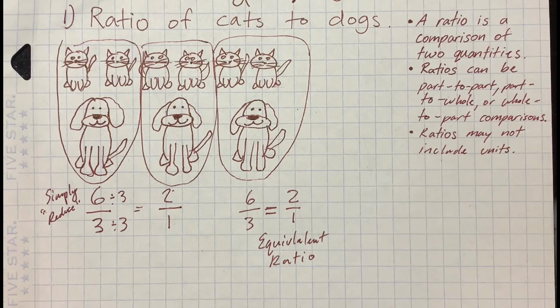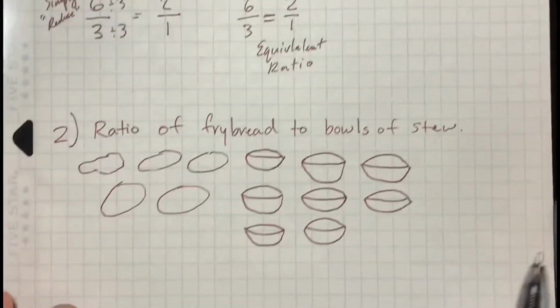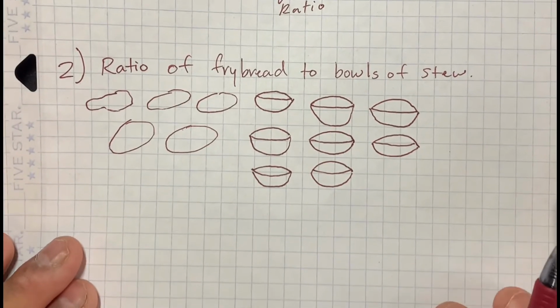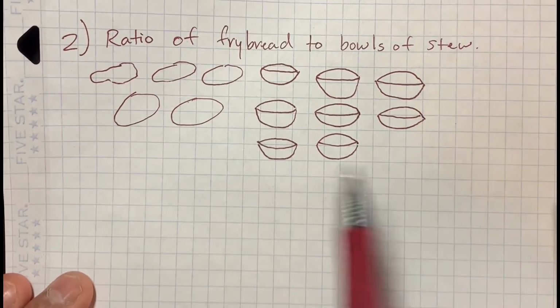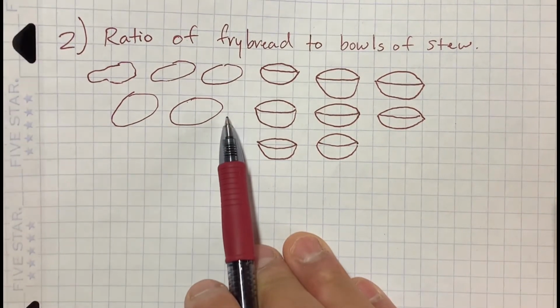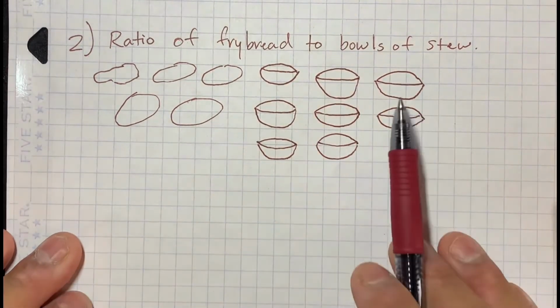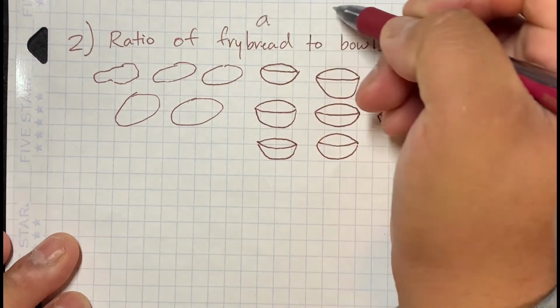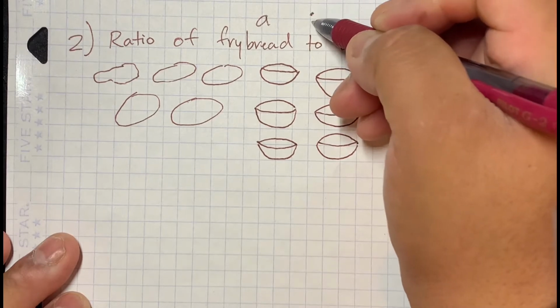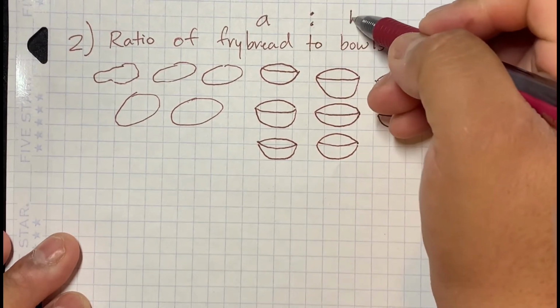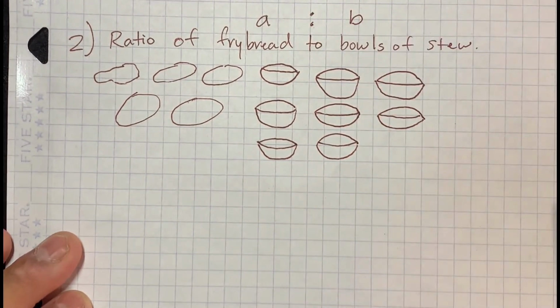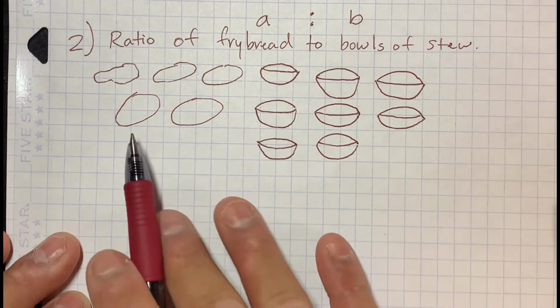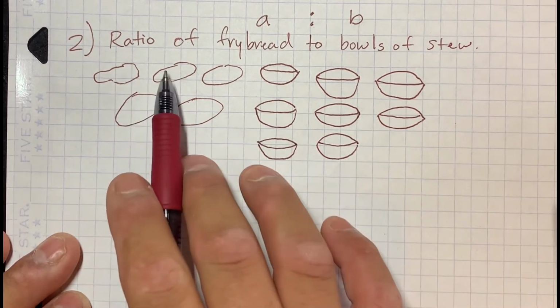Now, let's go ahead and do another one. So the second problem that we have here, we want to find the ratio of fry bread to bowls of stew. Again, the first thing that was mentioned was fry bread, the second thing that was mentioned was bowls of stew. Okay. So let's count all the fry bread. We have 1, 2, 3, 4.